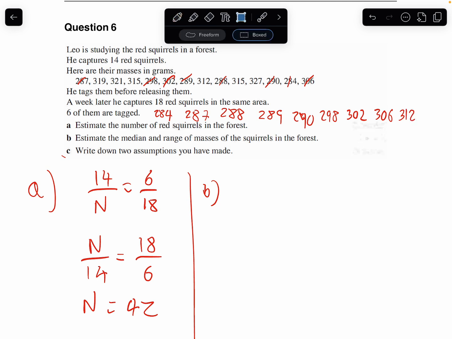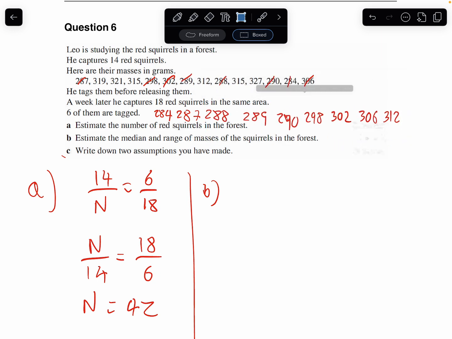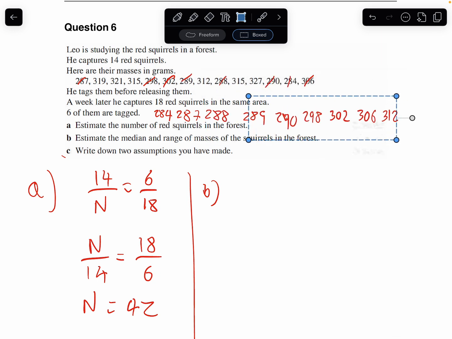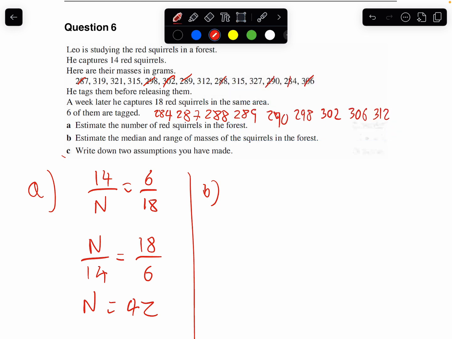Okay. Always write too big, don't I? 312. Did that. 315. 315 again. 319, 321, and 327.